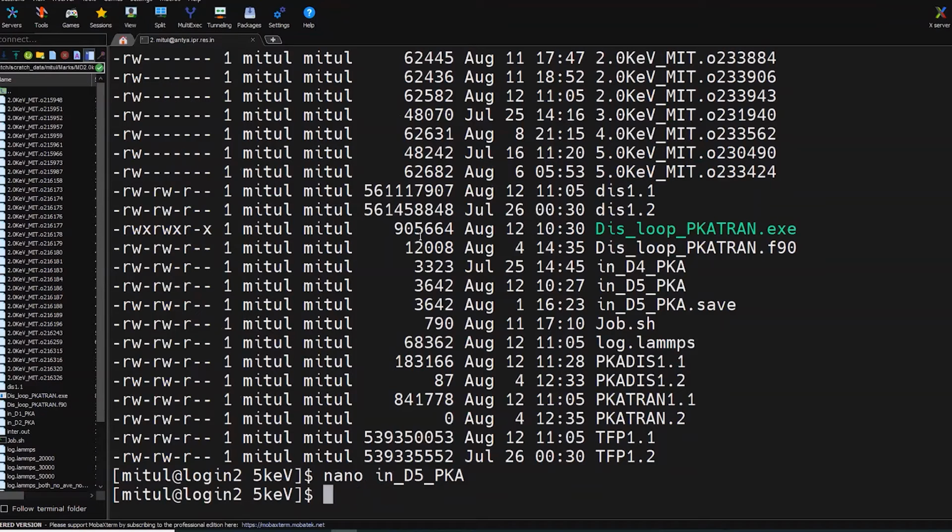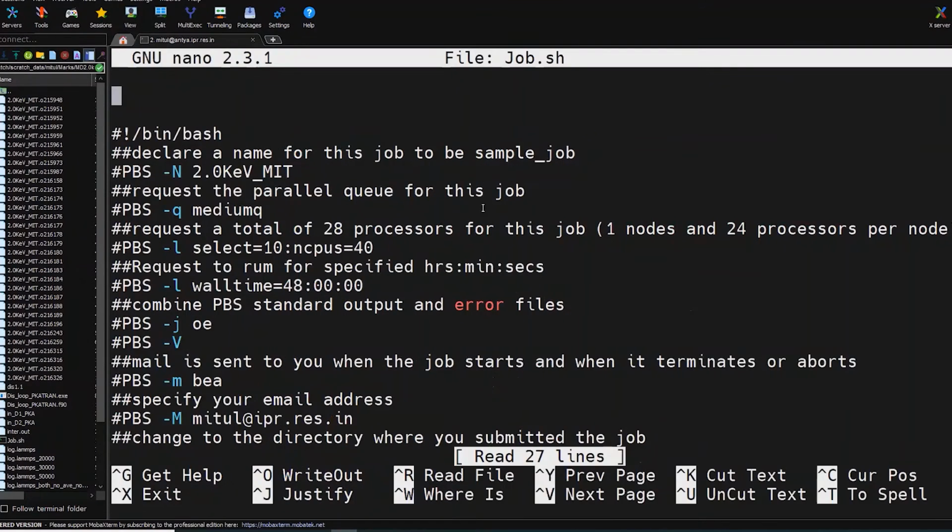I have the job file. This is basically for parallel simulation. If your number of atoms is large, you can use LAMMPS for parallel simulation. So for that, you have to prepare a job file.